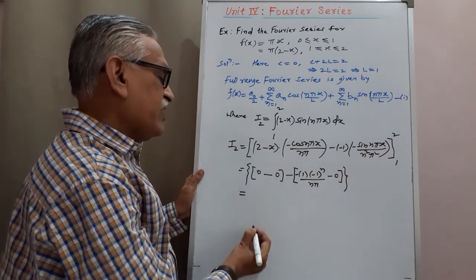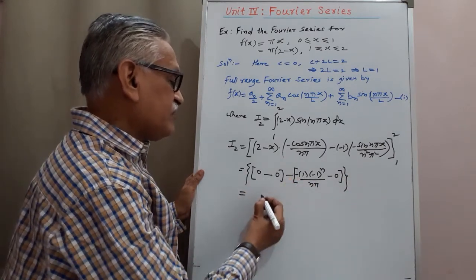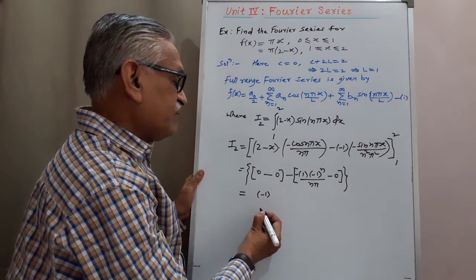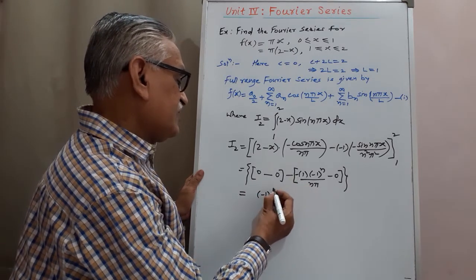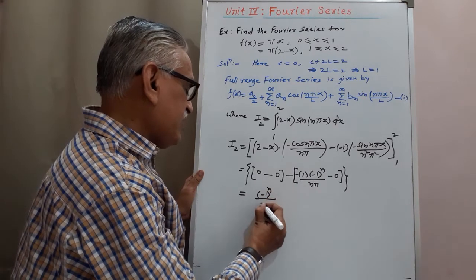Therefore we get minus minus minus, it becomes plus 1 minus 1 raised to n divided by n pi.